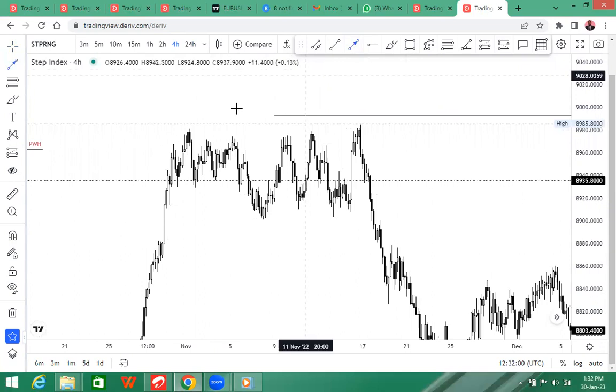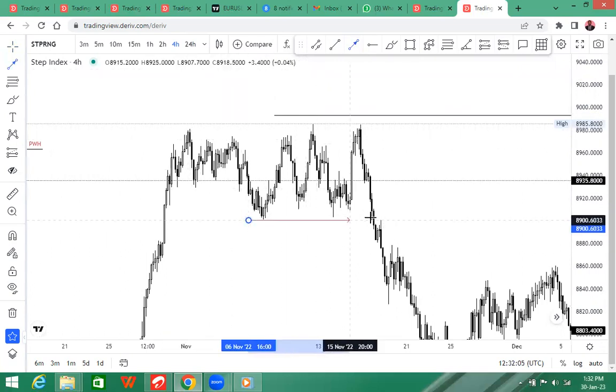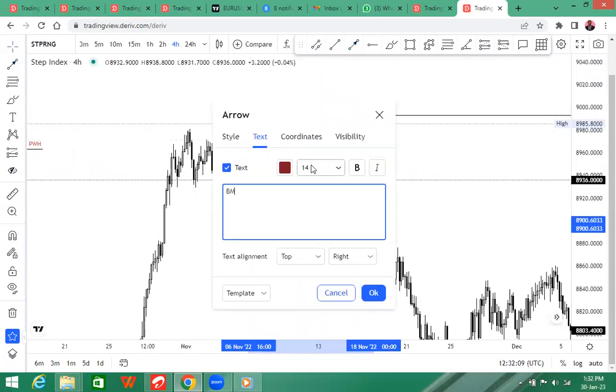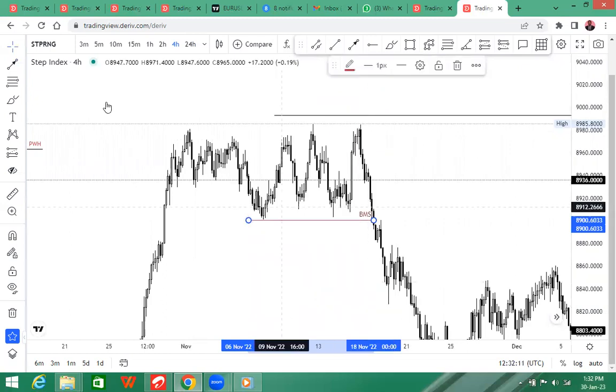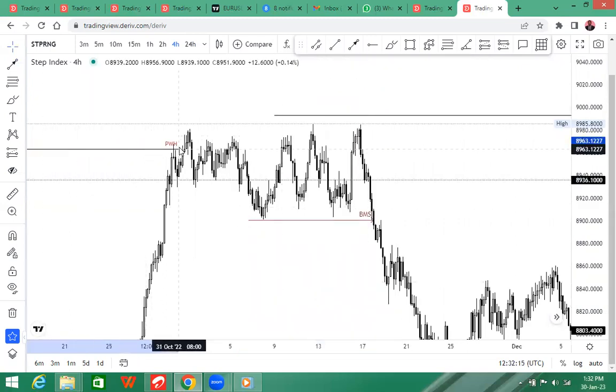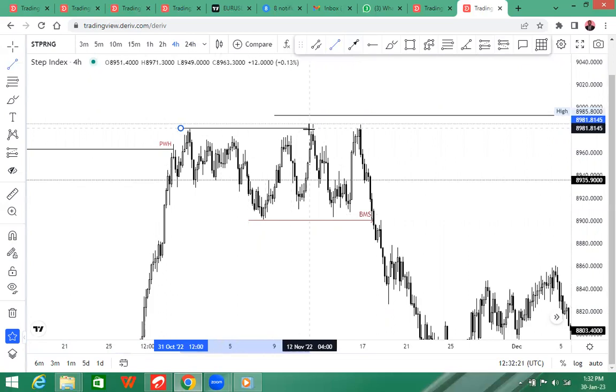So this became our break in market structure. After taking out this high, price broke structure downward. So this became my liquidity sweep or stop hunt.